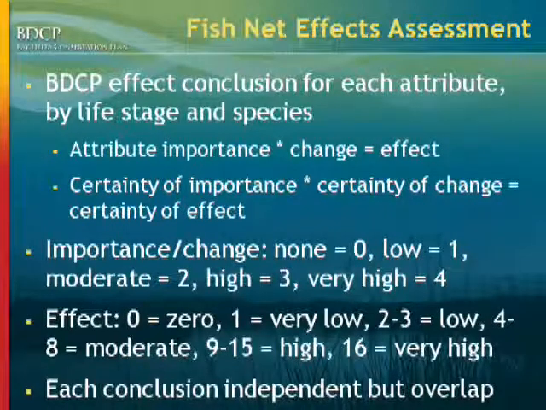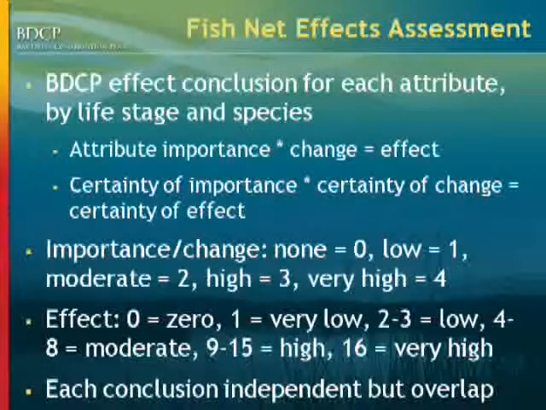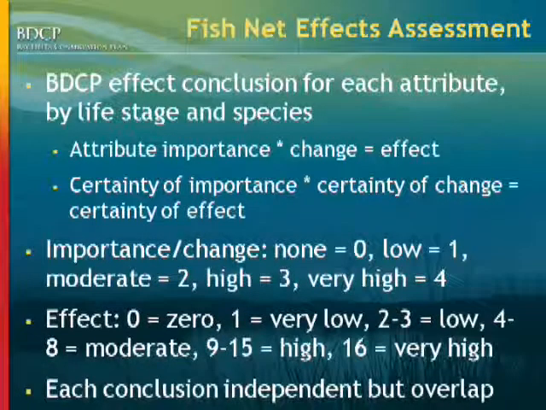Similar to what we've done over the past couple of drafts of the document, the conclusion for each attribute. So there's a conclusion for each attribute for each species by life stage, having determined which are the relevant attributes for a given species and life stage.